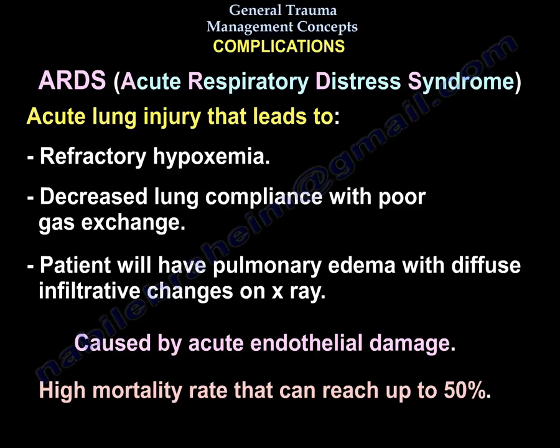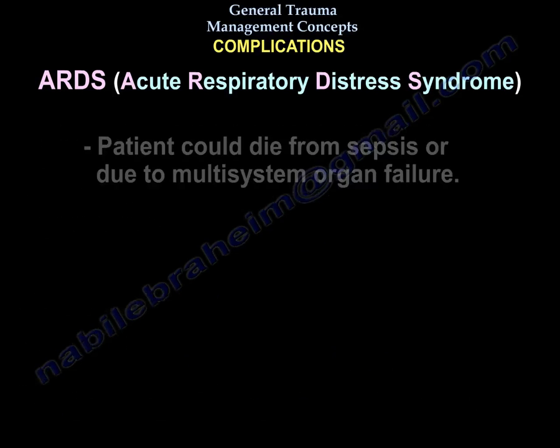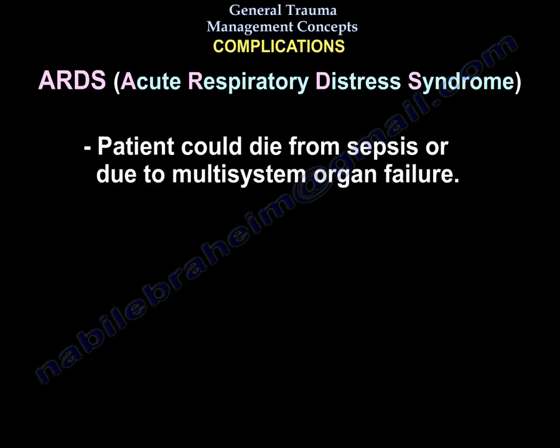It has a high mortality rate that can reach up to 50%. Patient will have dyspnea with resistant hypoxia. Rule out cardiac pulmonary edema or bilateral pneumonia. The treatment is PEEP, ventilation, and steroids, and also prophylaxis with early stabilization of long bone fractures, especially the femur. Patient can die from sepsis or from multi-system organ failure.